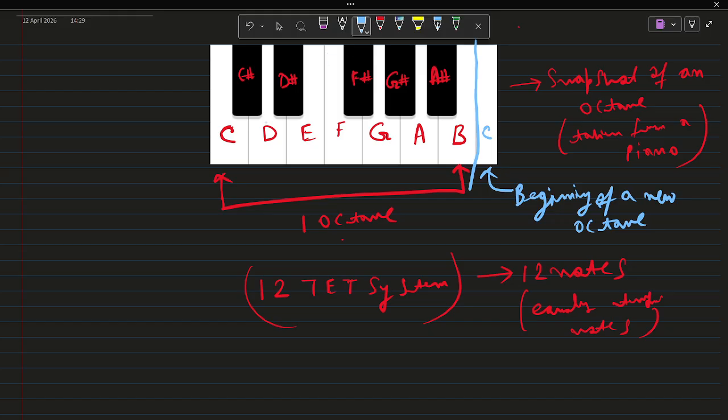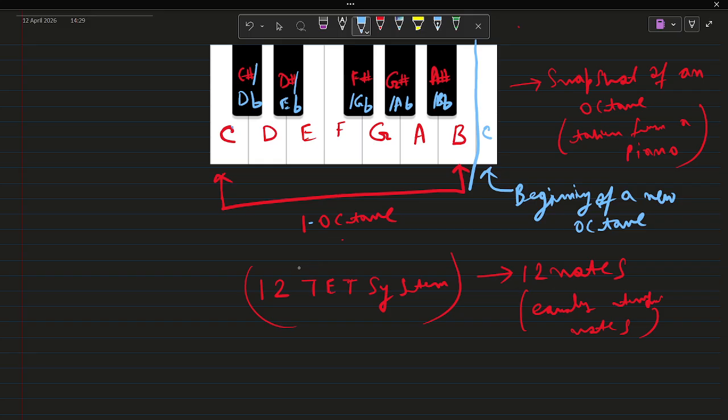And for every black note, we can also define the flat. So if we go up from C, we get C sharp, and this same note is just a half step below the D. That means it is D flat. So this is E flat, this is G flat, A flat, B flat. I think most of you are familiar with this thing.